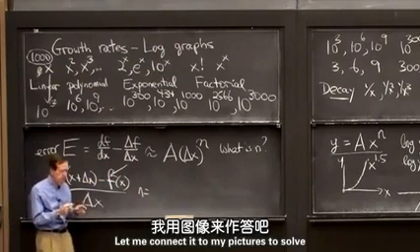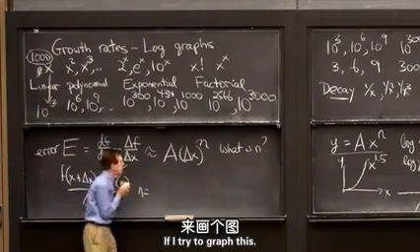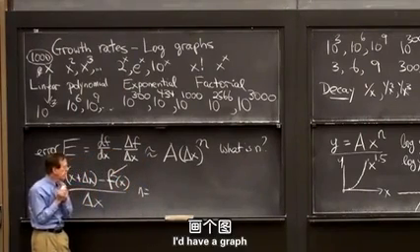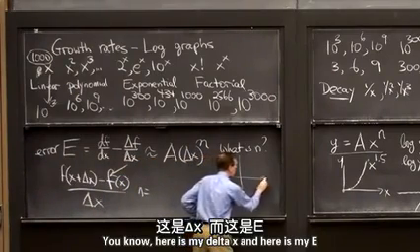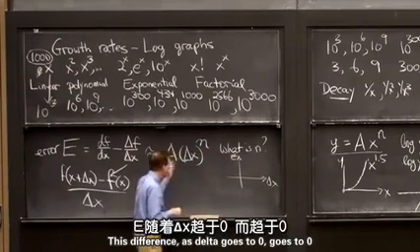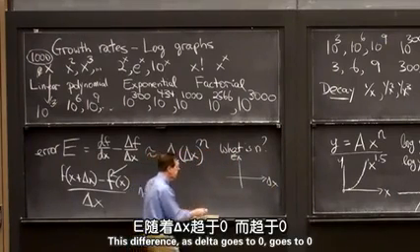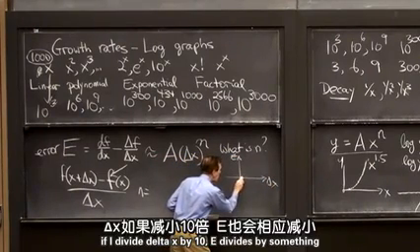Let me connect it to my picture. If I tried to graph this, I'd have a graph. Here's my delta x and here's my e. This difference, as delta x goes to 0, goes to 0. If delta x is small, e is small.